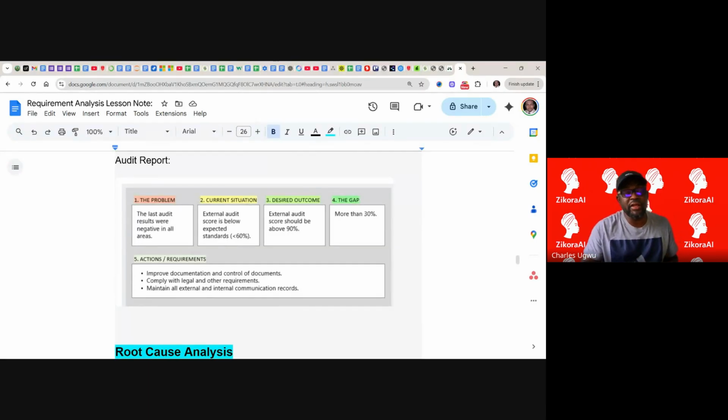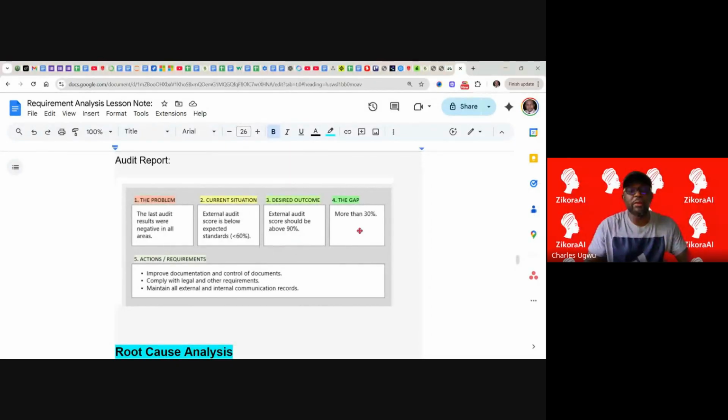For instance, if you mirror this audit report to the sales department, their current sales is at 60%, and the organization gives them a benchmark for success, they must have 90%.